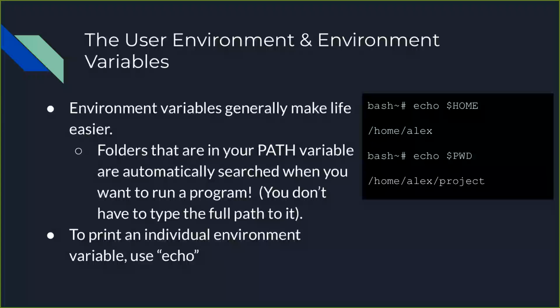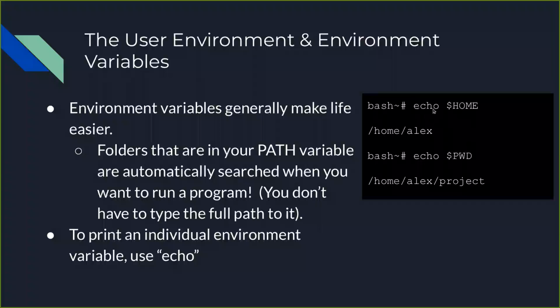So if you type printenv and hit enter, you're going to get a very long list of environment variables, because usually Linux environments will set up a ton of them. But if you know the name of the environment variable you want to look at, and you don't want to dig through all that list, you can simply type echo $ and the name of the variable you want to look at.